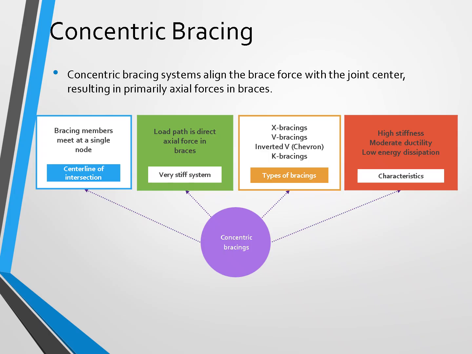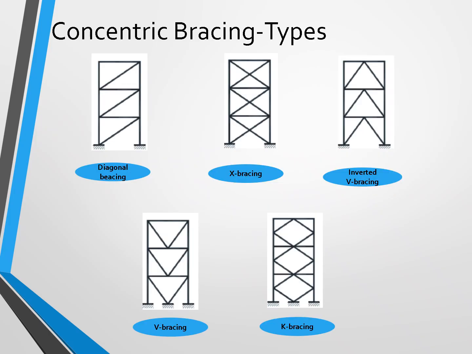These are the characteristics. For example, if we want to design for an earthquake, because of the moderate ductility and low energy dissipation, this option might not be that interesting. We would better go for the eccentric bracing. Why? Because through the weak links, they provide lots of energy dissipation and high ductility.